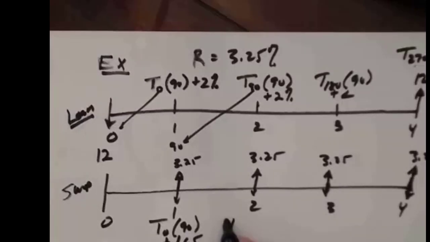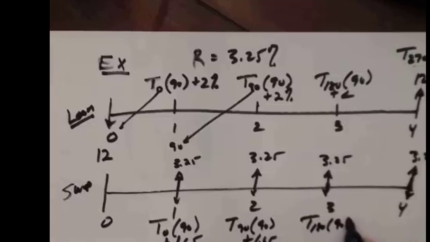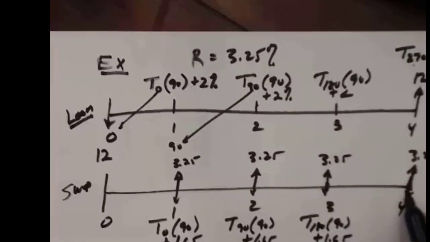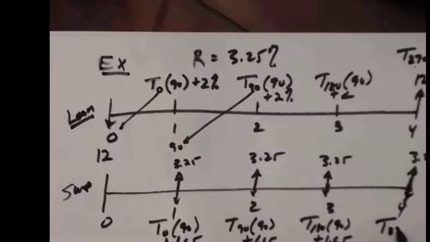Okay, and then this one will be T90 plus 1.65, and this will be T180 plus 1.65. And this will be T270 plus 1.65.